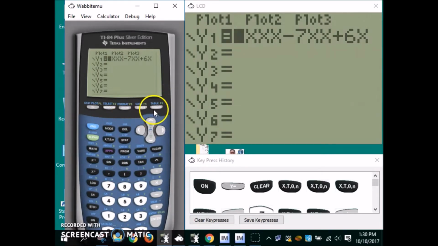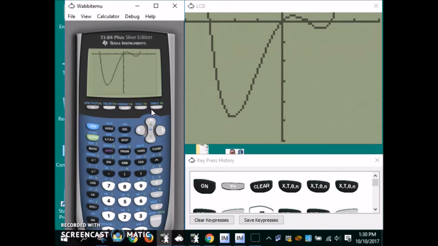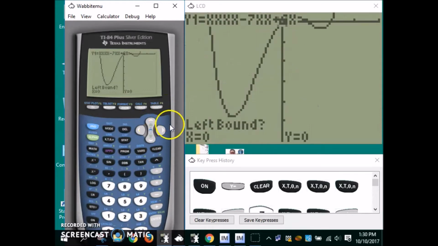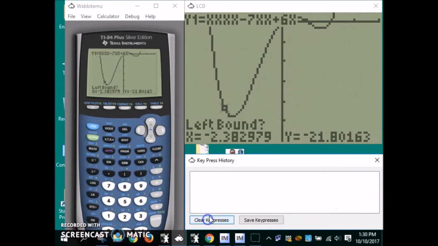Now I can go ahead and on my graph, I can get minimum and maximums. Well, if I go from left to right, and I'm going down on my roller coaster, this is a minimum. So let's get that. So I'm just going to scroll over here. Press enter.